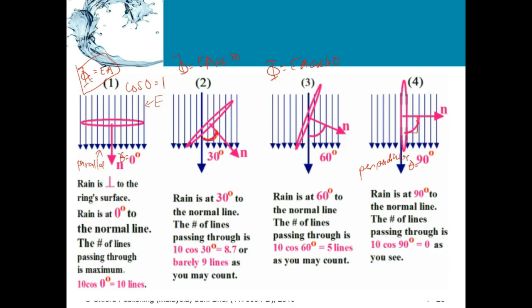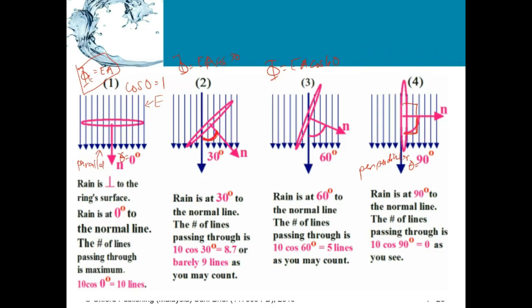Cosine 90, if you put that in your calculator, is equal to 0. Since our normal line and our electric field are perpendicular, cosine 90 is equal to 0. In the formula, phi is equal to EA times cosine 90, 0 times EA is equal to 0.